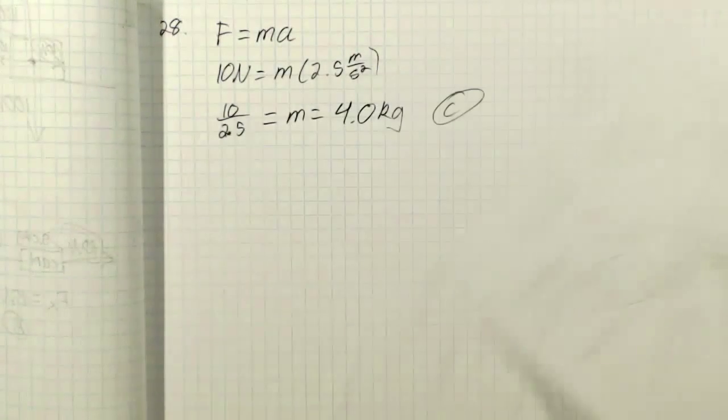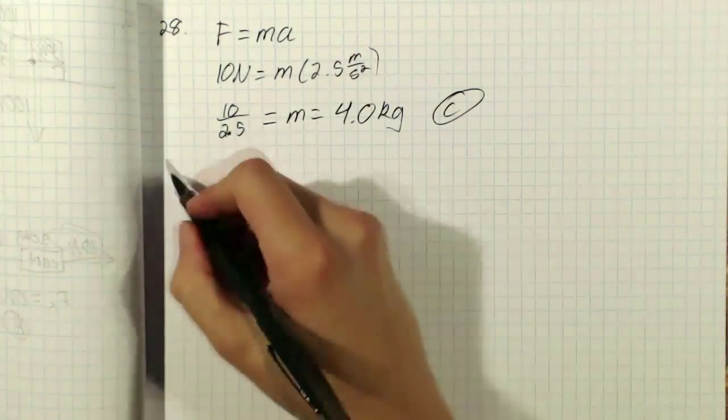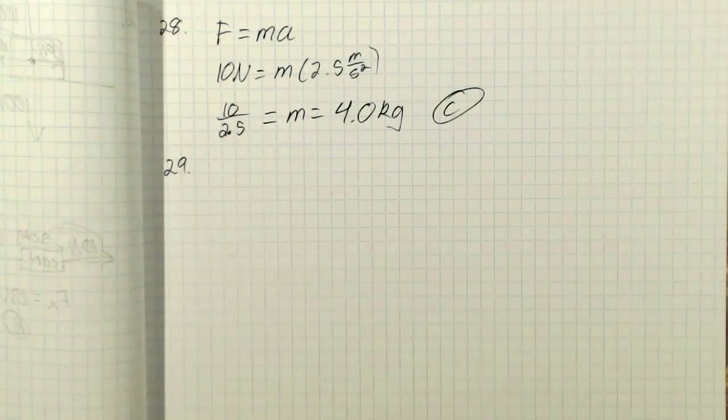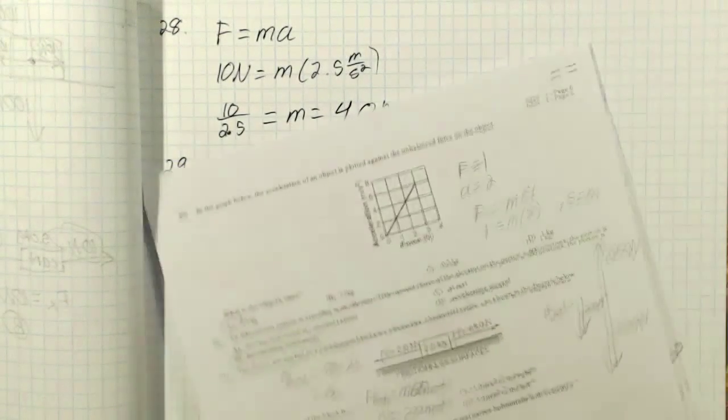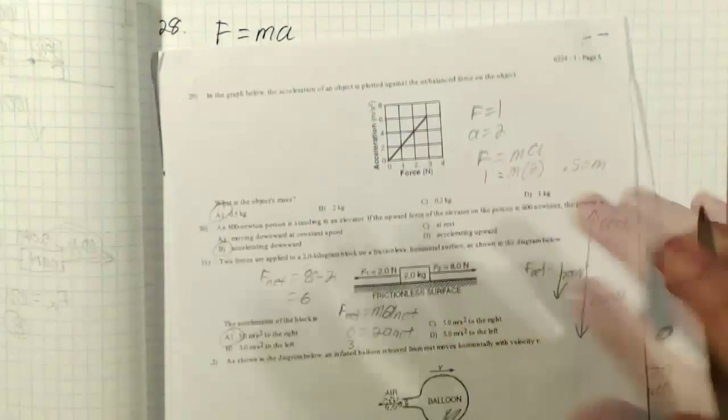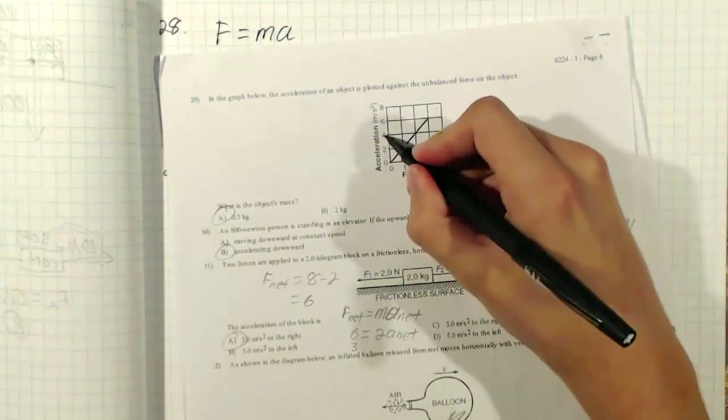The next question is question 29 on the last page here, almost done. Question 29, which says, in the graph below, the acceleration of an object is plotted against the unbalanced force on the object, and it says, what is the object's mass? So you just look at any point on the graph, like let's say at the point where the force equals 2. So if we look at where the force equals 2, the acceleration is 4.